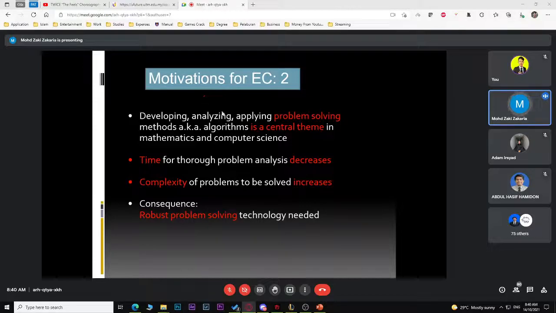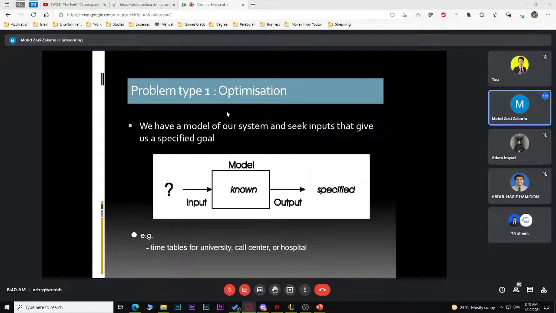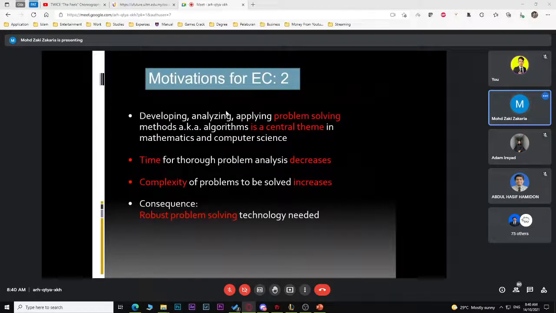No idea for a moment, my mind is blank. Okay, look here. Consider this term: time for true problem analysis decreases while the complexity increases.